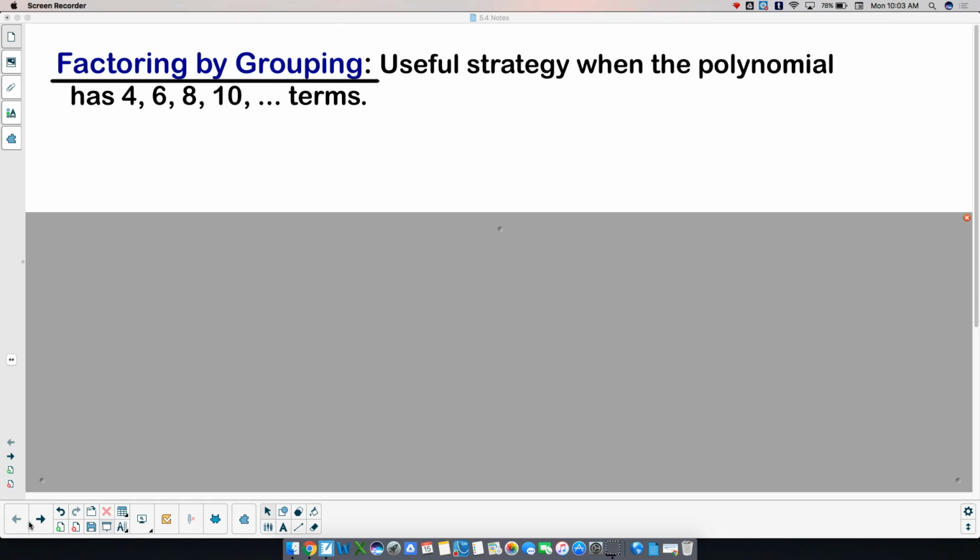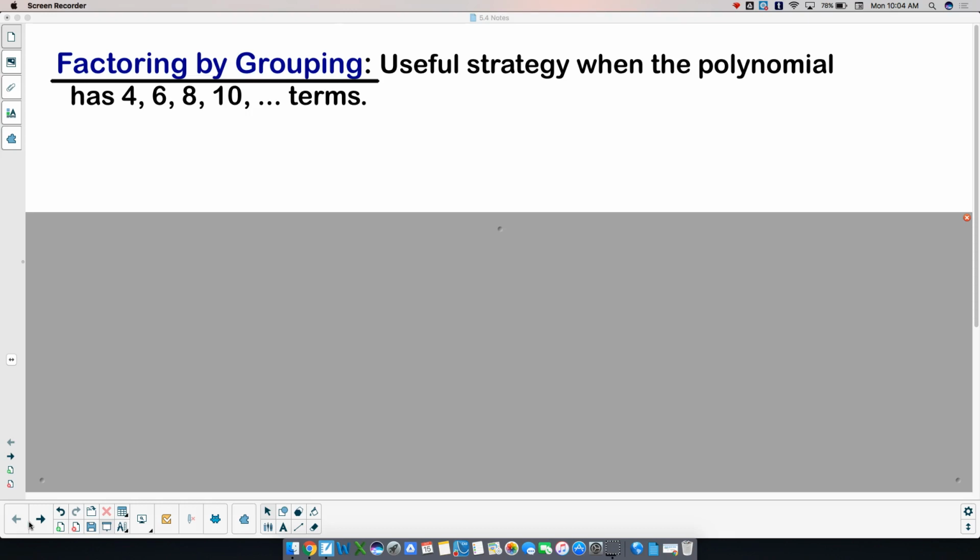Wednesday, we'll finish up solving. Thursday, we'll start dividing. Okay? So, that's where we're at right now. And then, still looking ahead to next week, Wednesday being quiz day.